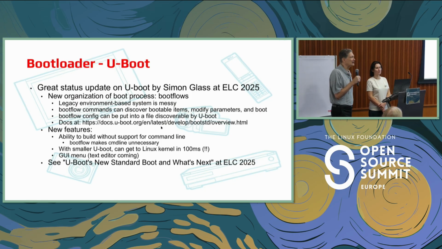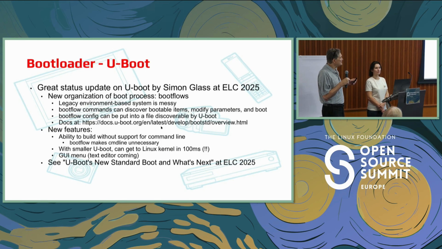There was an excellent talk by Simon Glass about the status of U-Boot. U-Boot has a new way to organize the information about the boot sequence called bootflow. The legacy approach, if you've ever tried to manage your boot using the U-Boot environment variables, is really messy and complicated, and you have to do a lot of custom commands. It doesn't scale very well.